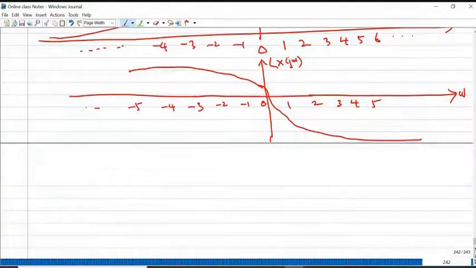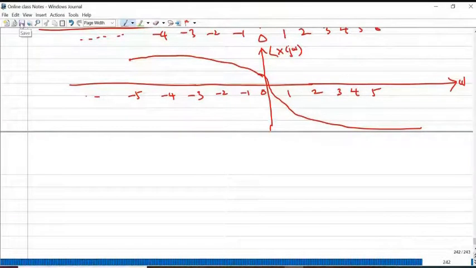L45, are you there? Roll number 45, is there or not?